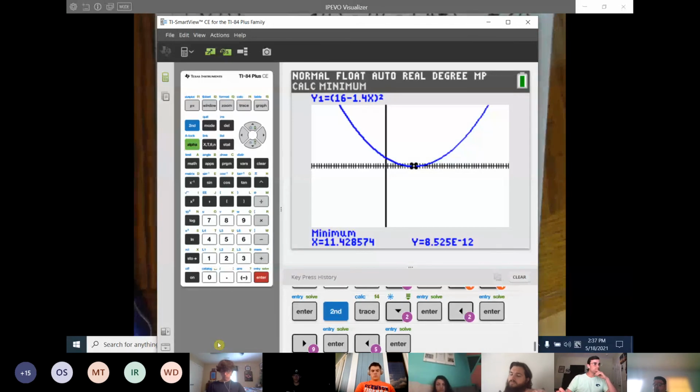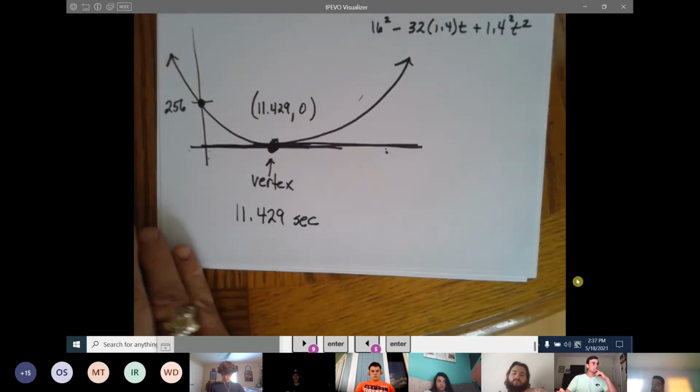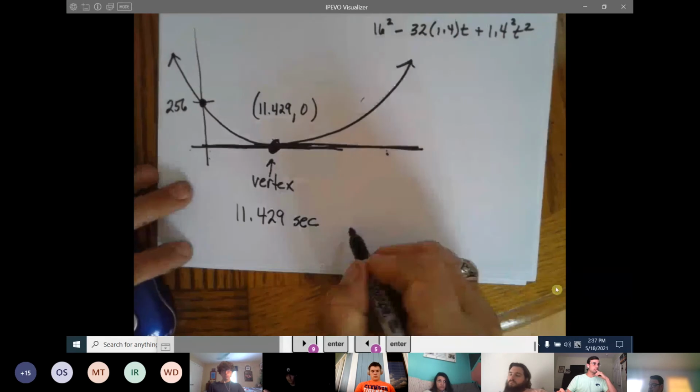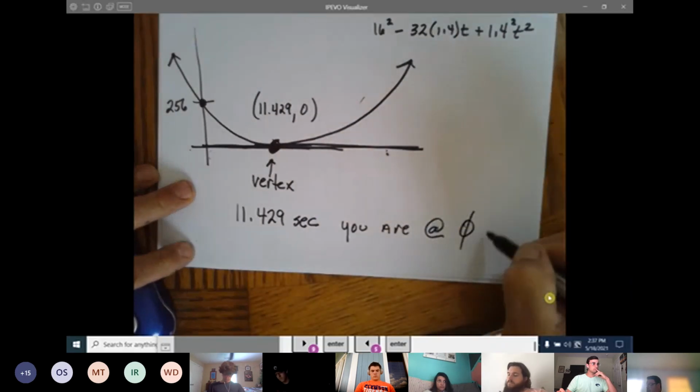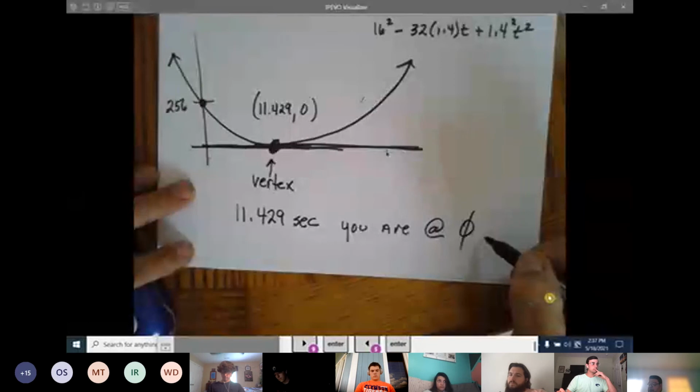Now, what's that 11.429? Well, that's going to be the time that you're at 0 feet. Okay, so at 11.429 seconds, you are at 0 feet. What is it, feet or meters?